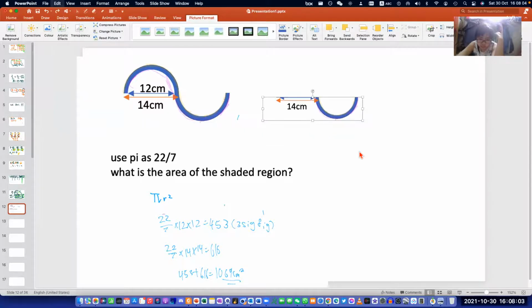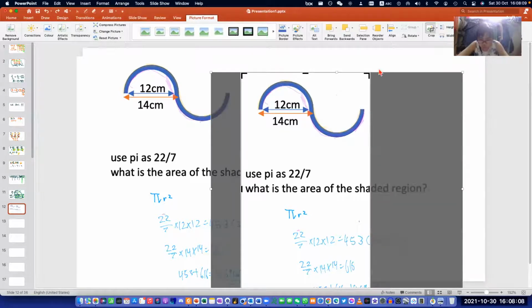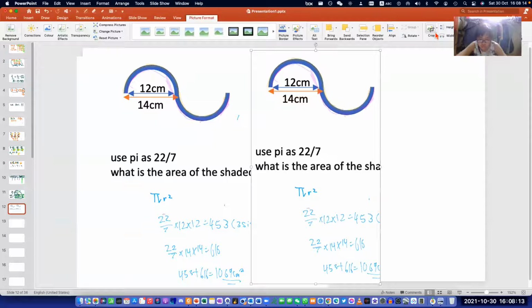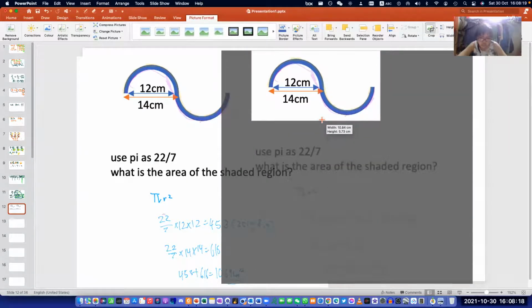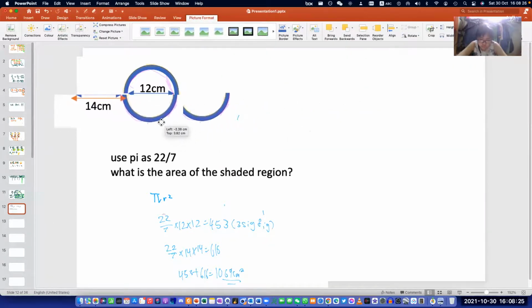So this question is this question. So that means I transfer the right hand side into here.